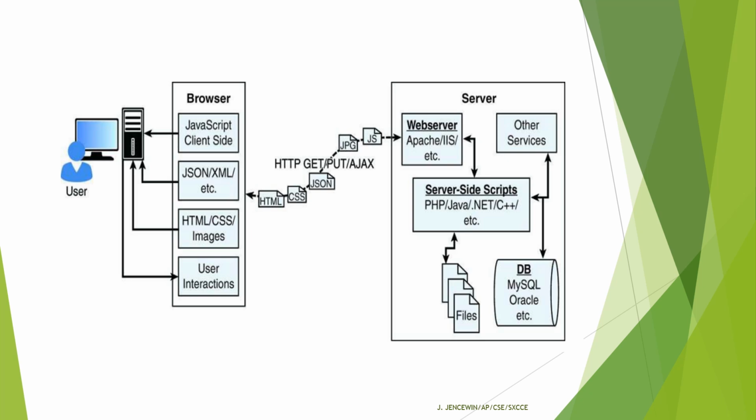In general, in a web application we have two different parts. One is the front end and the other one is the back end, and we implement the front end in the browser and the backend in the server. The front end is implemented by using different client side programming languages, for example HTML, CSS, JavaScript.